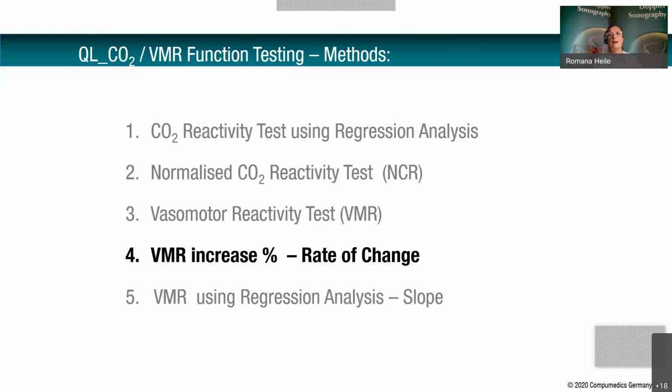So in that case, if people do not have all of the material that would be needed for this kind of tests, we can do the simple way. And the simple way is that we just look at the increase between normal baseline and steady state of hypercapnia, and just as a rate of change, meaning that we are looking at the increase of velocity in percent in comparison to the baseline.